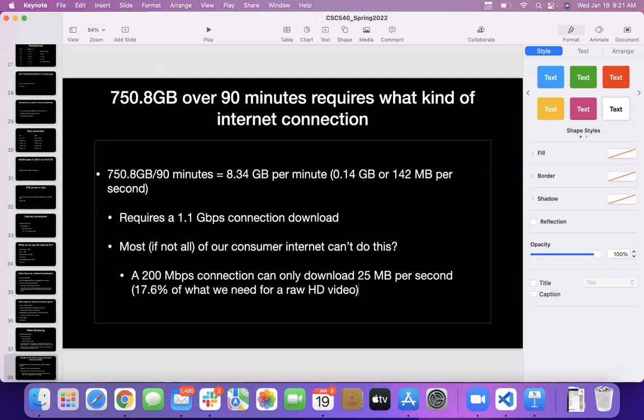Okay, so we don't even have 20% of the speed that we actually need for an HD movie yet.